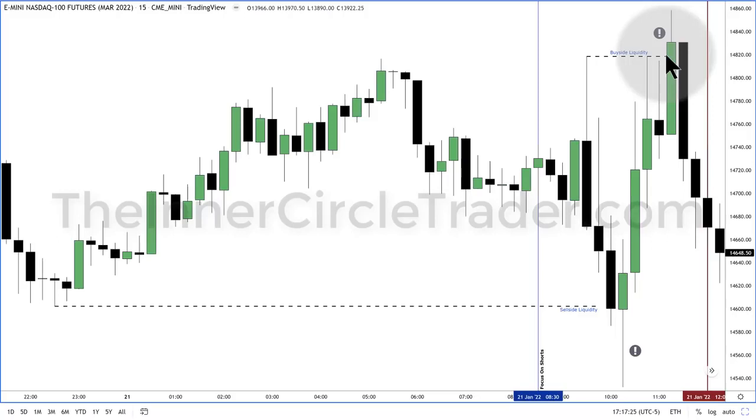All right, so we have both of these areas, here and here, where there would be a likelihood of a market structure shift. Up here, we look for a fake run above here. So that fake run above, how do we know it's going to be a market structure shift that's bearish? I get that question a lot, even from mentorship students.